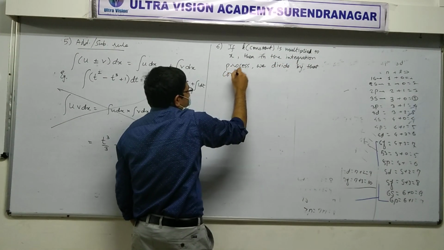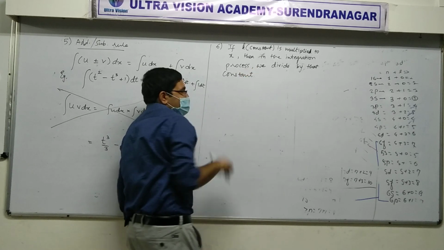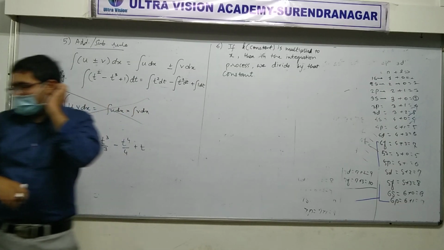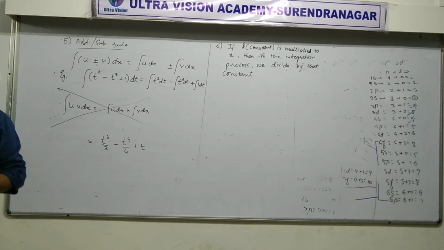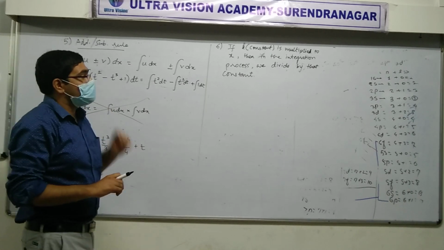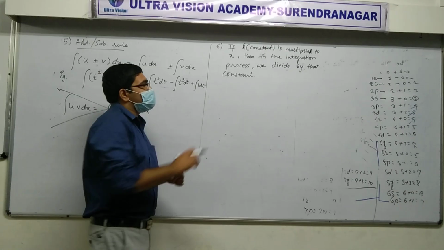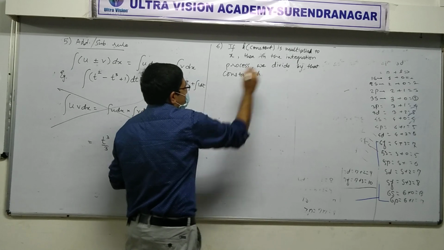Now, frankly, these are not very exact words. Mathematics teachers will object to this. I would not know why this is wrong, but it will serve the purpose over here, right? Fine. We divide by that constant k.